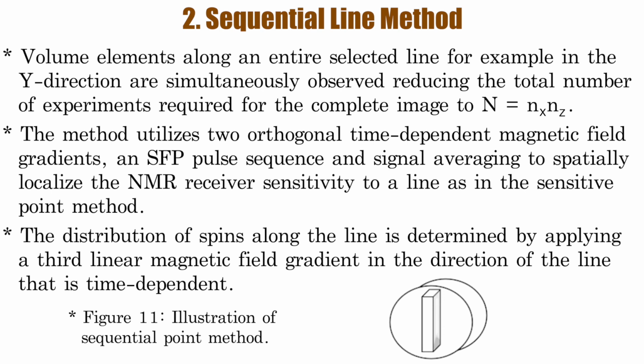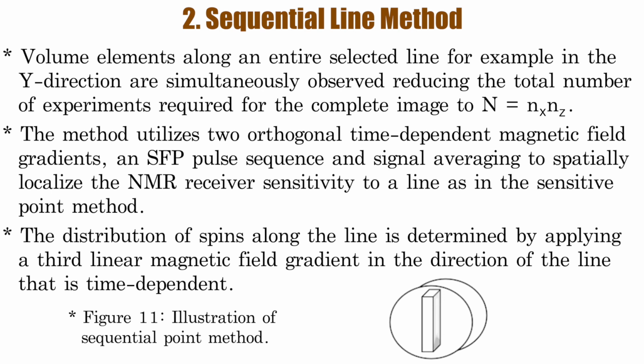The method utilizes two orthogonal time dependent magnetic field gradients, an SSFP pulse sequence and signal averaging to spatially localize the NMR receiver sensitivity to a line, as in the sensitive point method.